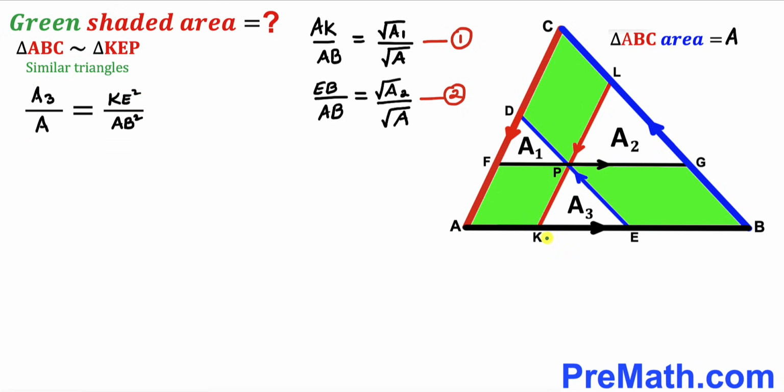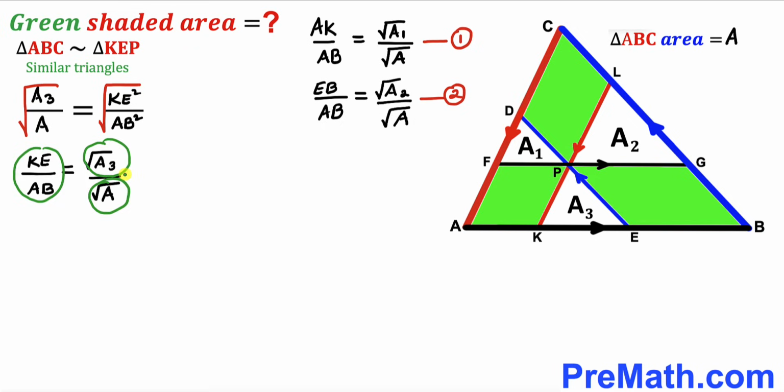And here we can see KE is the base of this small triangle, and AB is the base of the big triangle. And now we are going to undo these squares by taking a square root on both sides. So therefore we end up with KE divided by AB equals the square root of A3 divided by the square root of A. And I'm going to label this one as our equation number 3.